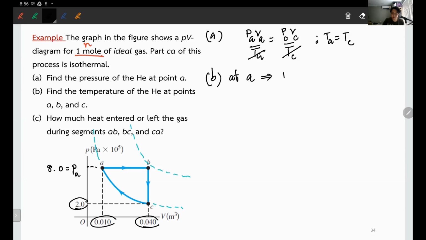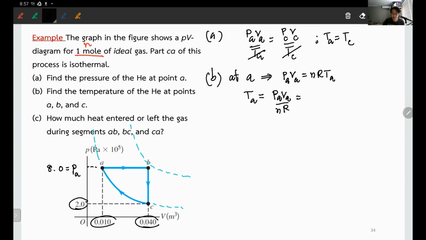Once again, PAVA equals nRTA. That's the equation of state. Now you know the pressure, you know the volume, you know the n. So I can say T at A is going to be PAVA over n times R. Now I can plug in the numbers.